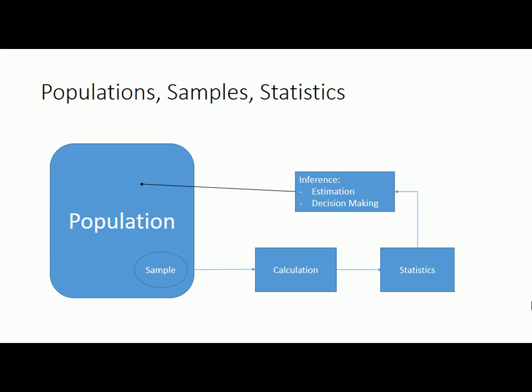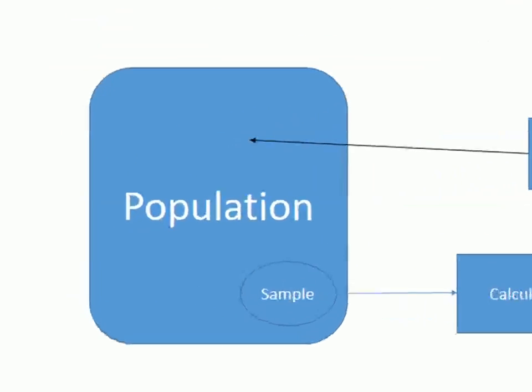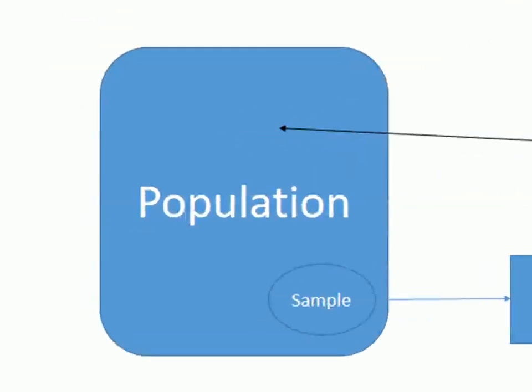First of all, a little overview of what I see as the role of statistics and what we're chiefly concerned with. We're looking at trying to learn something about a large population, and the population could be people, it could be organisms, it could be cars, it could be any large group of individuals that we can't look at in its entirety, so we take a sample.